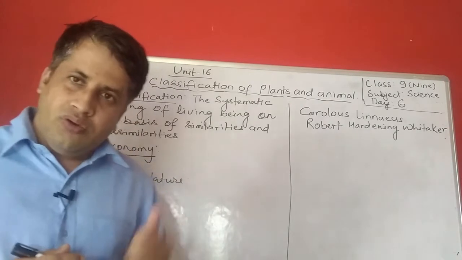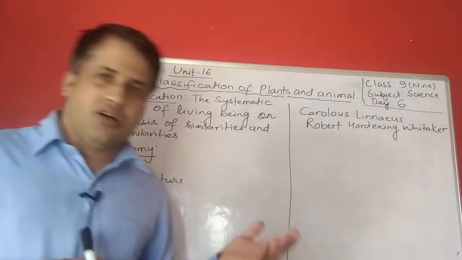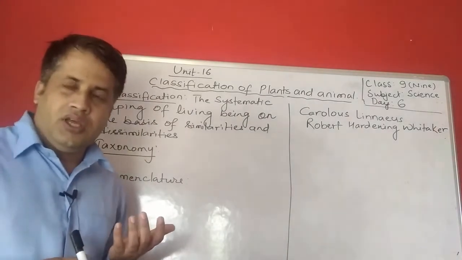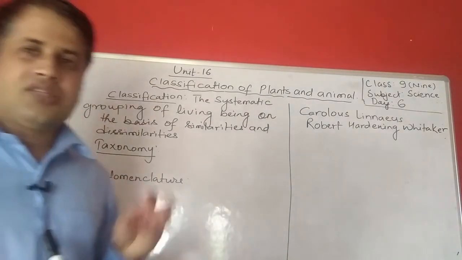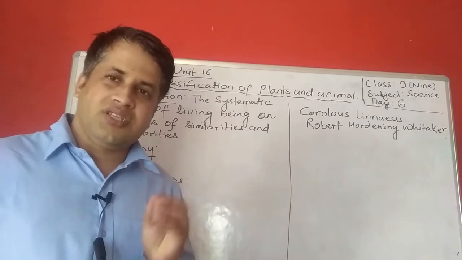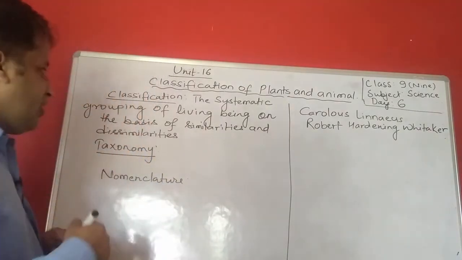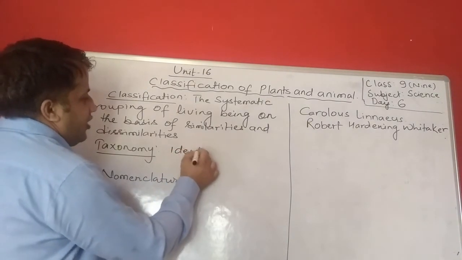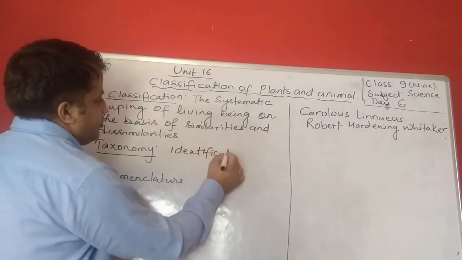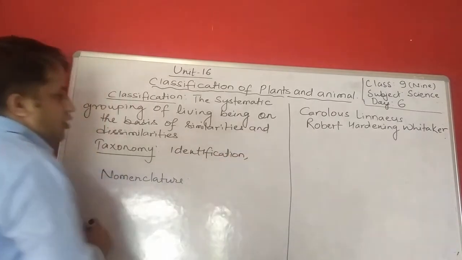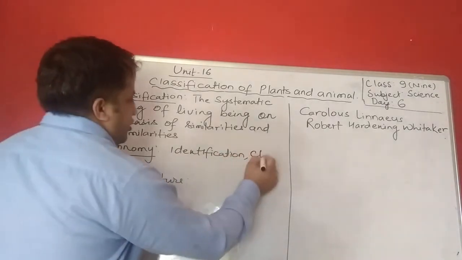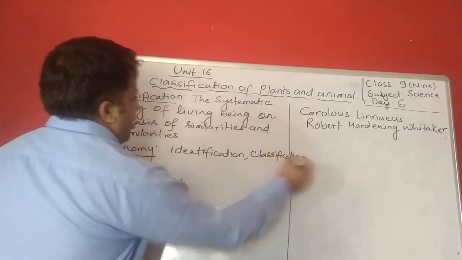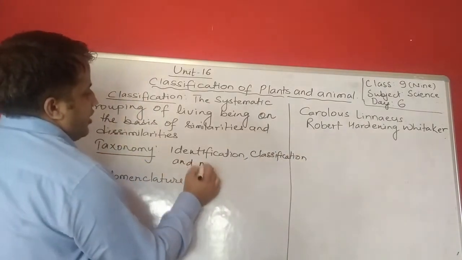Before this you have studied the term called taxonomy. What is taxonomy? The branch of science which deals with identification, classification and nomenclature.